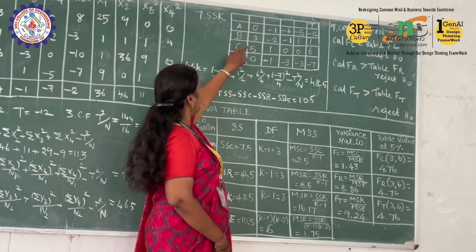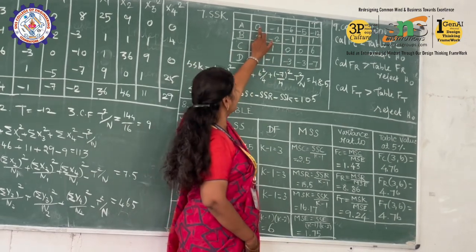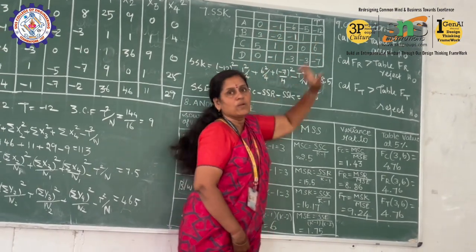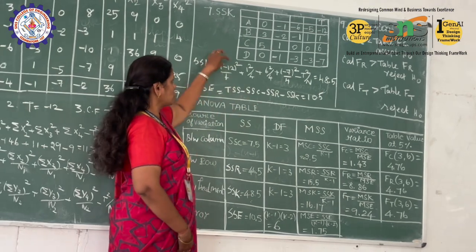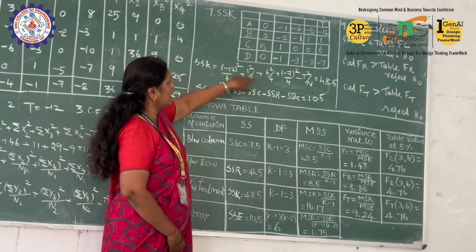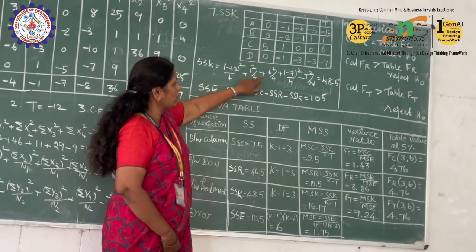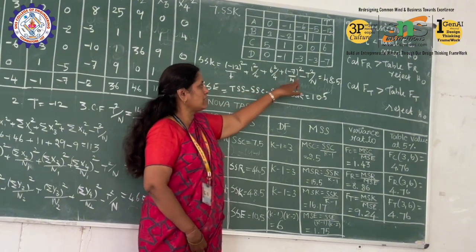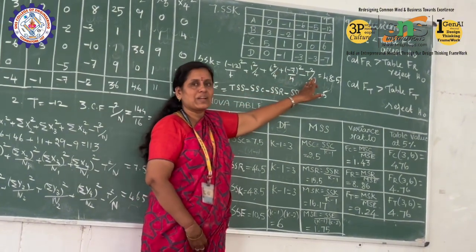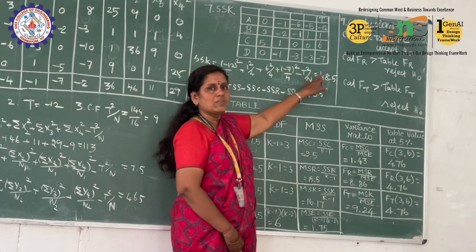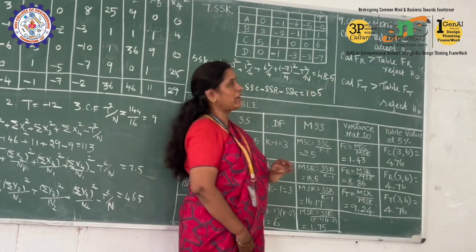Taking the square, it is divided by 4 because here we have 1, 2, 3, 4 elements. Likewise we find 1 square by 4 plus 6 square by 4 plus minus 7 the whole square by 4, and it is subtracted by the correction factor, which value is equal to 48.5.